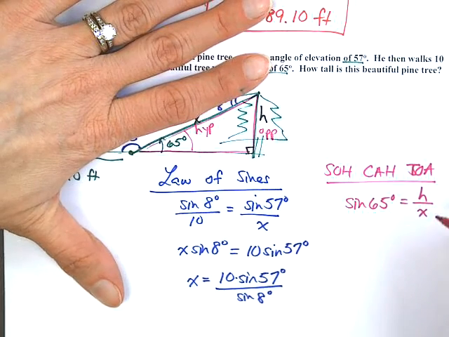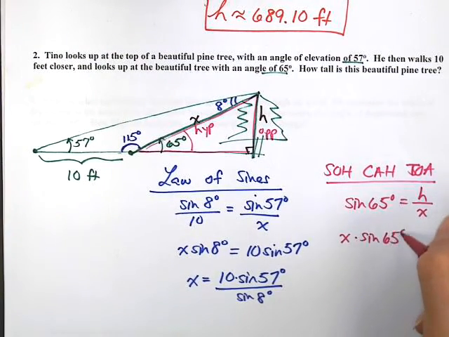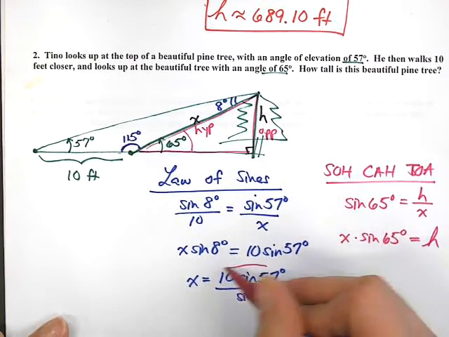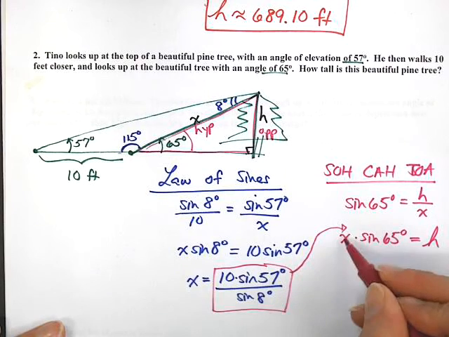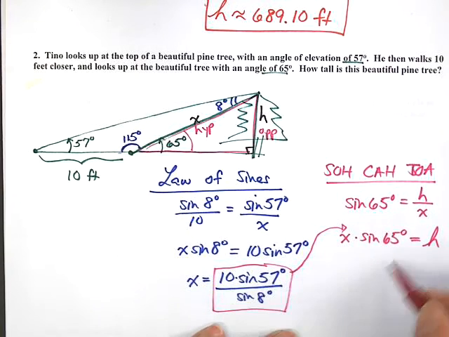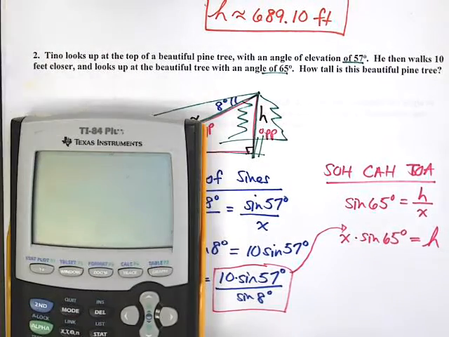h over x. And if we cross multiply here, x times the sine of 65 degrees is what our h is. And what we're going to do is take this x value, substitute it in right there, take this answer, times by the sine of 65, and we'll have our h. Okay. Variety of ways that you could do this.